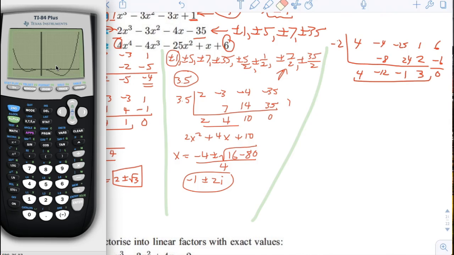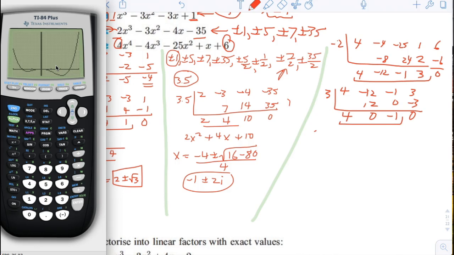Now I'm going to do synthetic division again because I know that one of the roots is positive 3, right? So I'm going to put positive 3 here, and then 4, -12, -1, and 3. And so my remaining quadratic is 4x squared plus 0x minus 1.